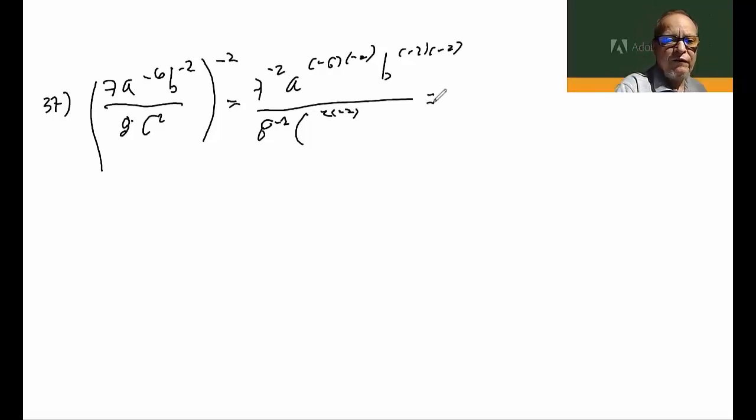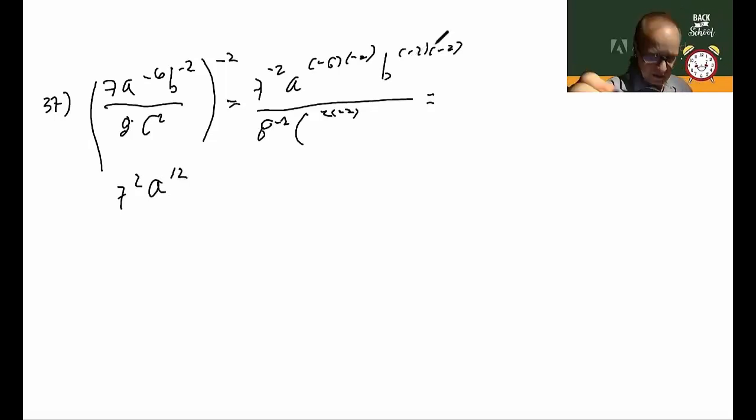And there we have 7 to the negative 2. Negative 6 times negative 2 will give us positive 12. B to the negative 2 to the negative 2 will give us b to the 4th.